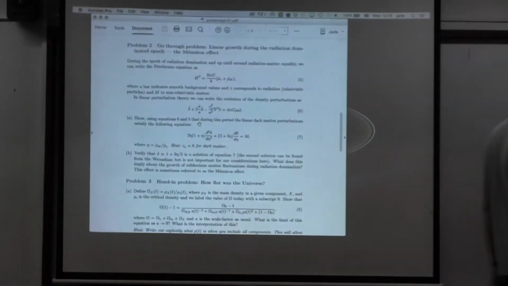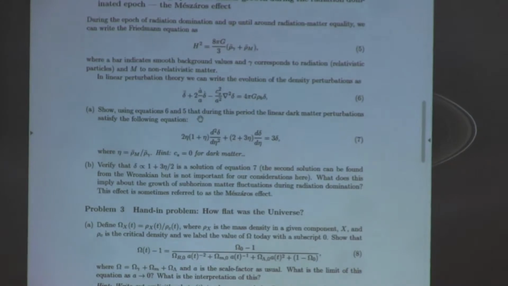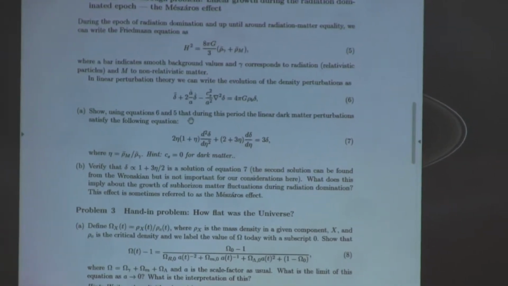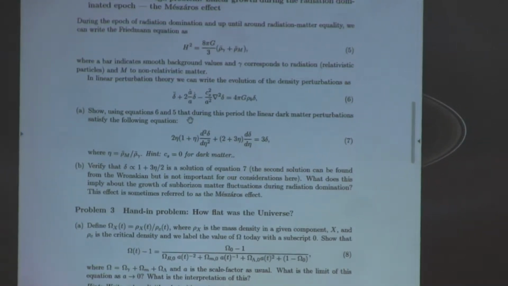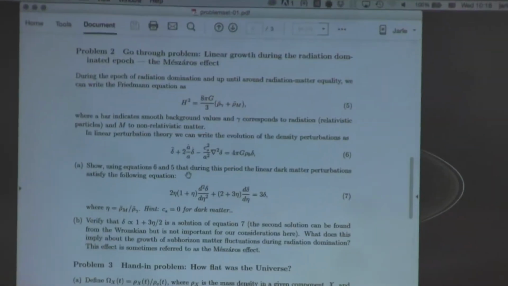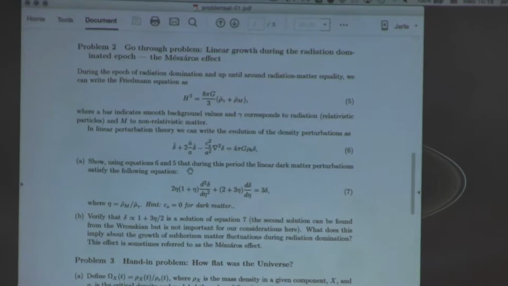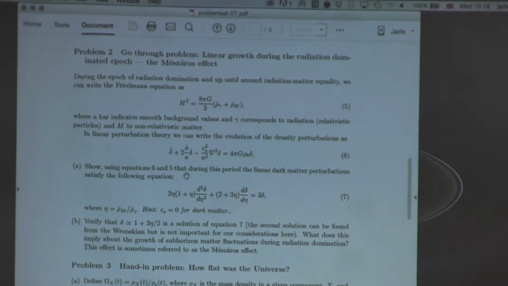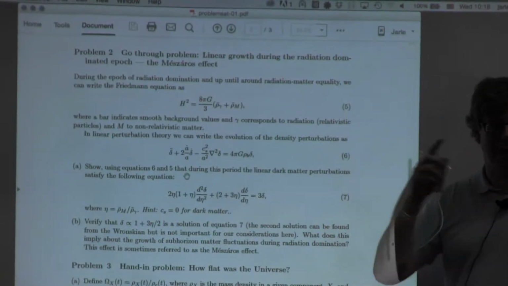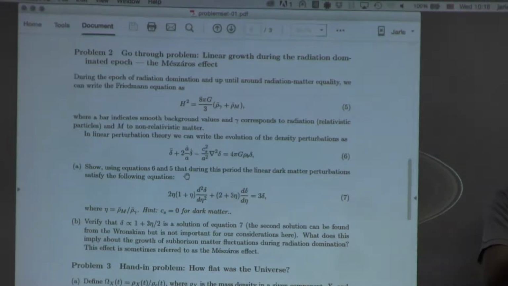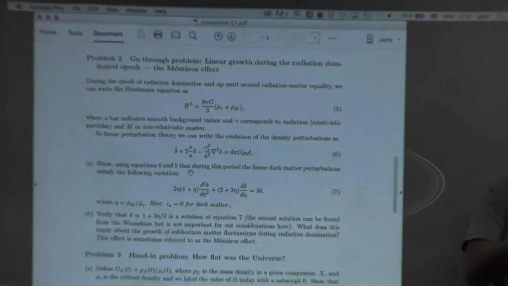It is also relatively easy when you've done it. But to come up with how to solve it is not always so easy. The history of this problem is that Peter Meszaros, who calculated this solution first, wanted to understand what happens with perturbations in the period when radiation was dominating the universe.